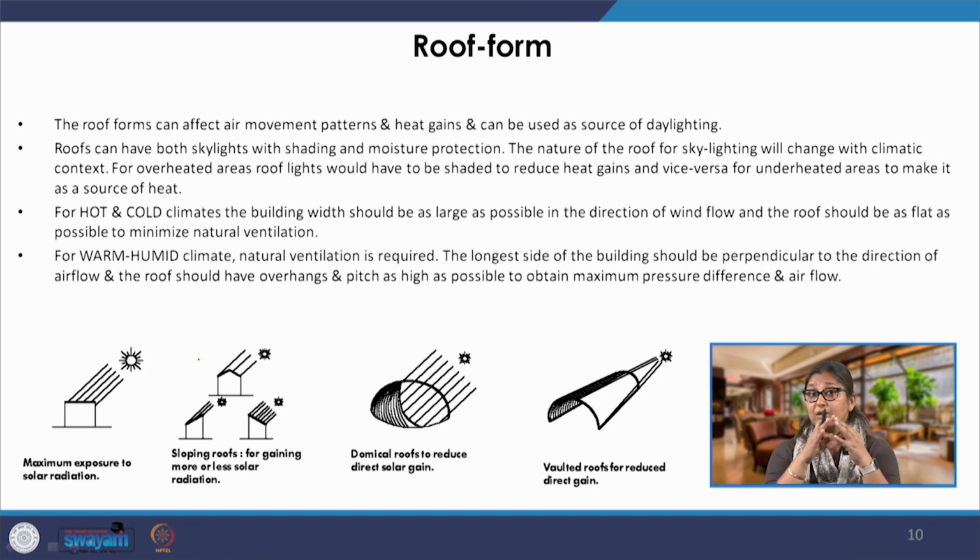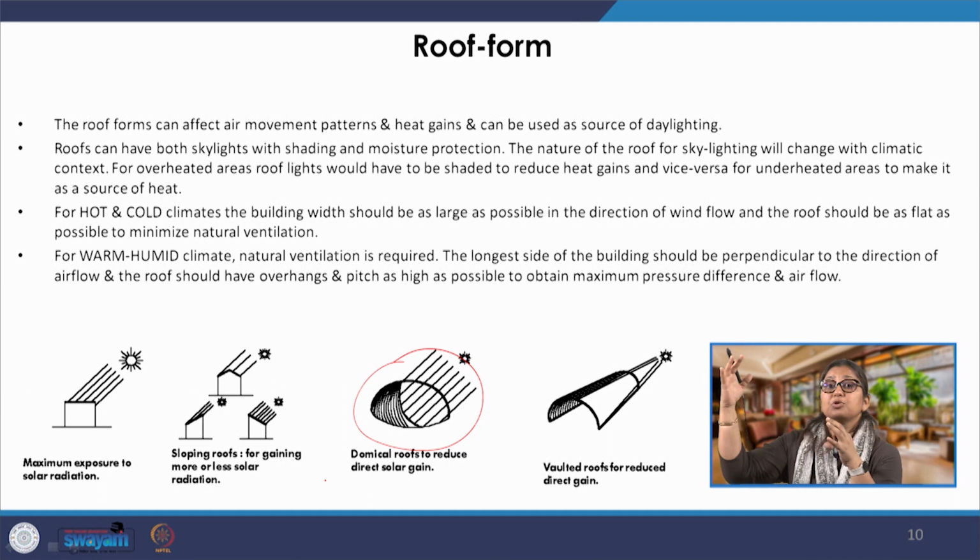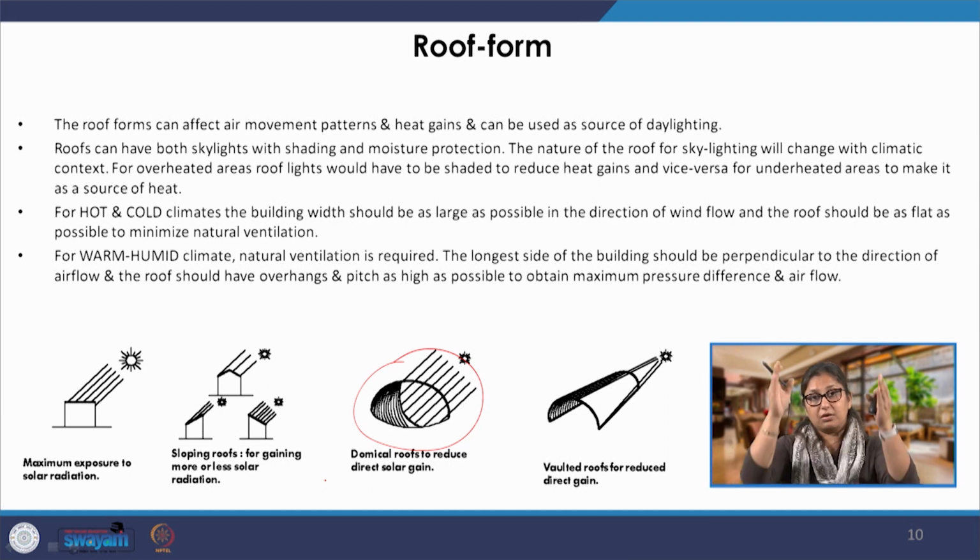Then we also have to select the roof form. If it rains heavily, then we will have sloping roofs, but in addition to that, we will also be looking at the amount of solar radiation that comes. If we have a domical roof, only a portion of the roof will be exposed to solar radiation directly at a given point of time in the day, except when the sun is absolutely above our head, absolutely vertical, when the entire roof will be receiving radiation.